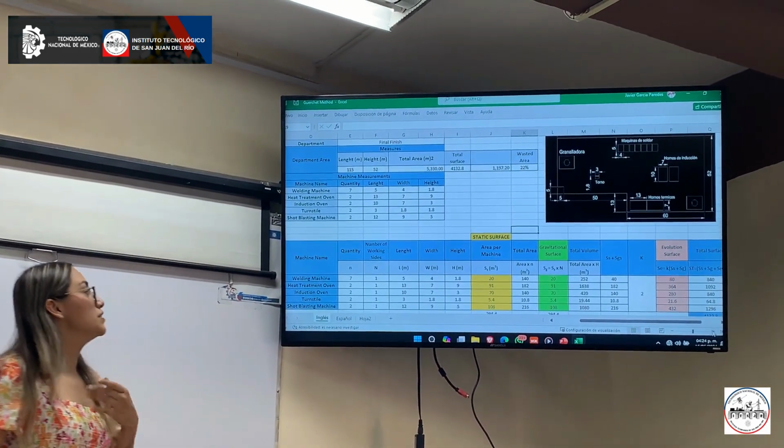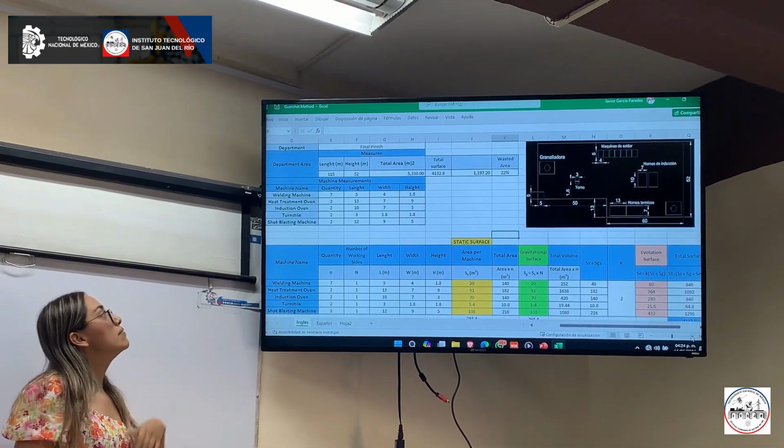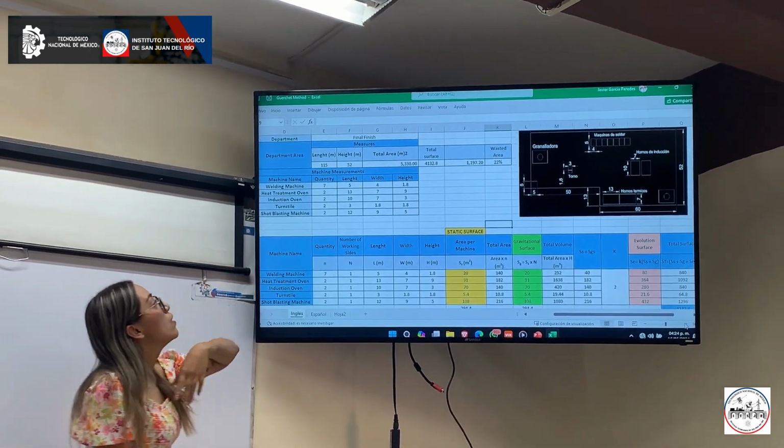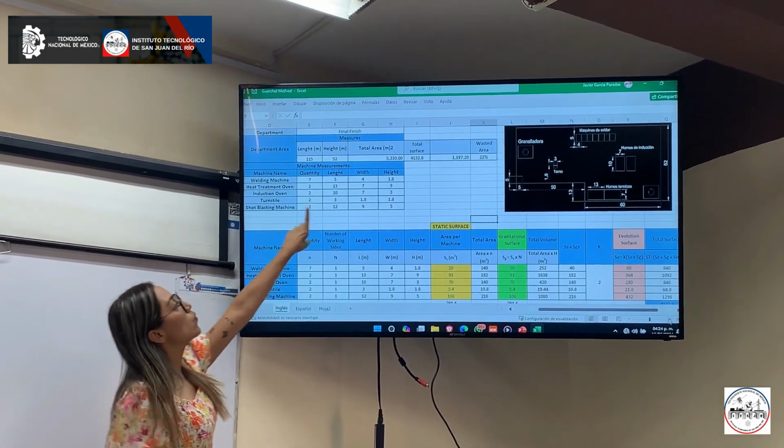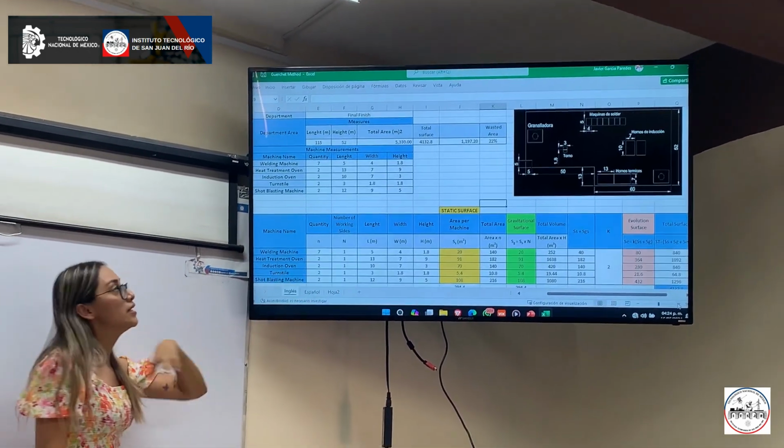Machine requirements: name, quantity, length, width, height.